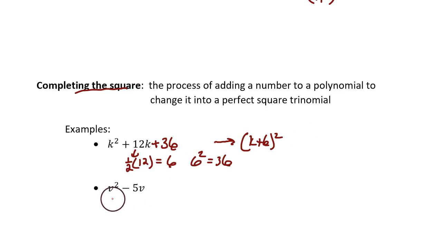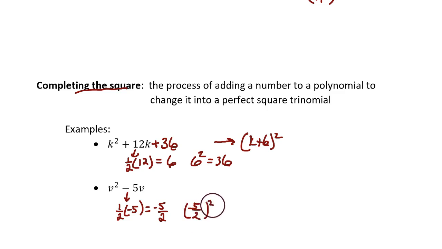Second example, to change this into a perfect square trinomial, you have to figure out what constant term you need on the end. To do that, what do you do with a -5? You find half of it. Half of -5 is negative 5 over 2. What do you do with that negative 5 over 2? You square it.